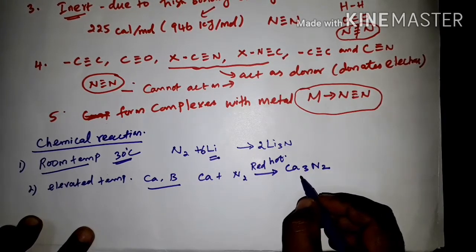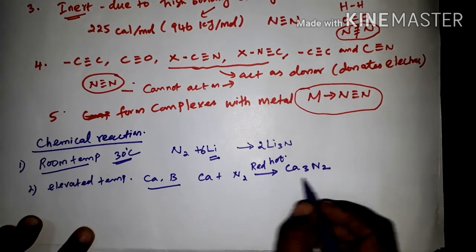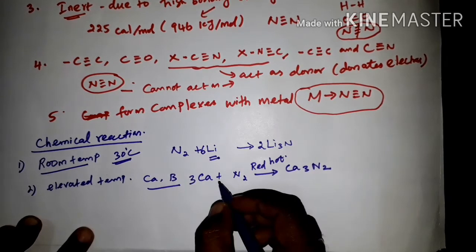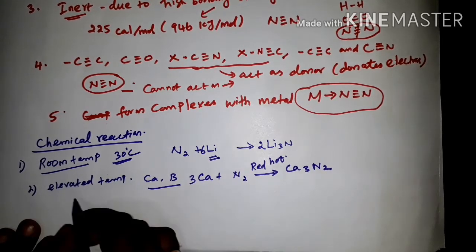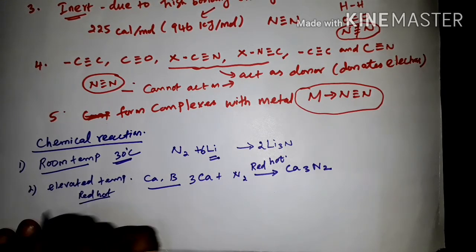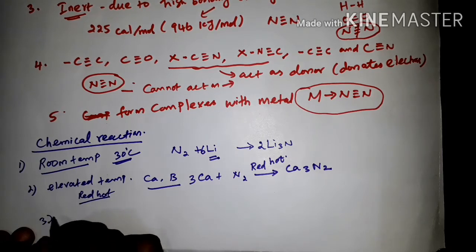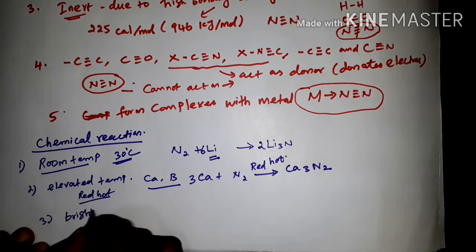At red hot condition, we are getting calcium nitride. Now balance the equation, here put 3. This is calcium nitride at red hot condition. Now again increase the temperature, to bright red hot conditions.